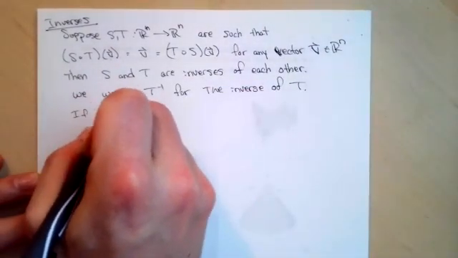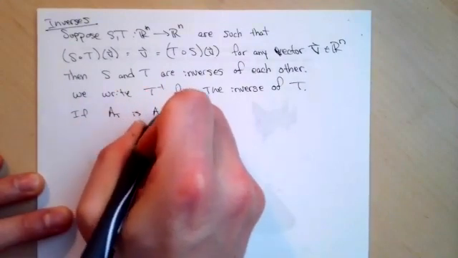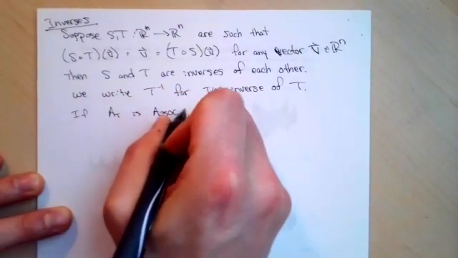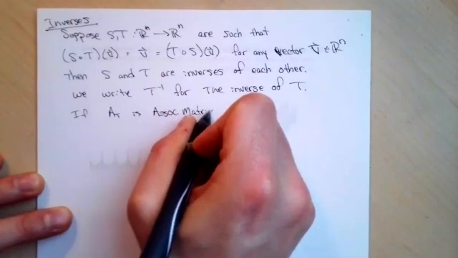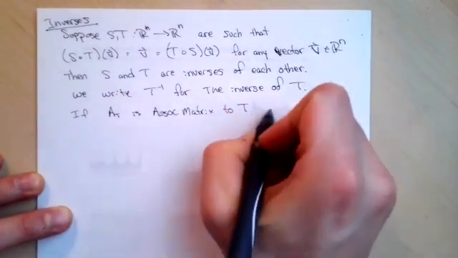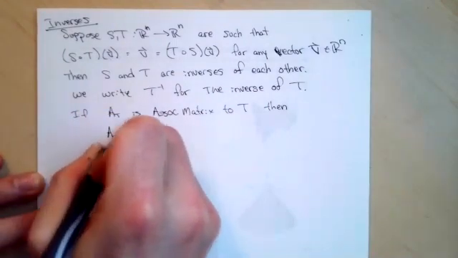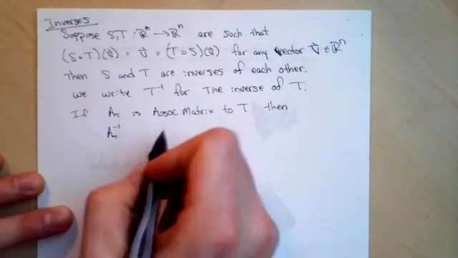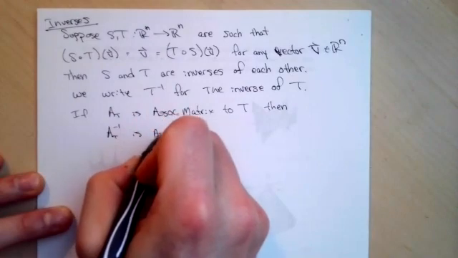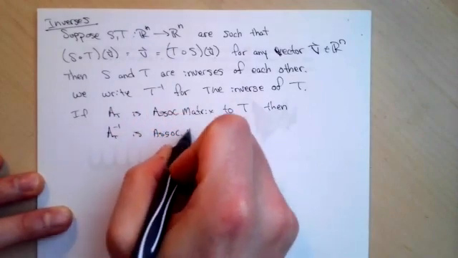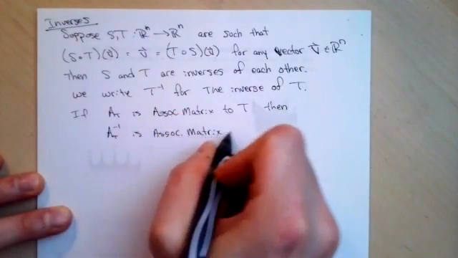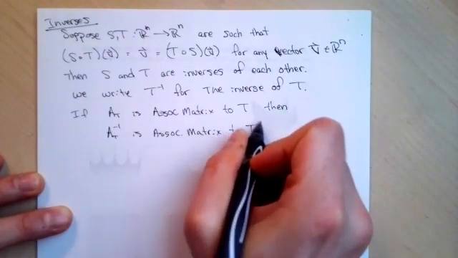So if A of T is the associated matrix to T, then the inverse matrix is the associated matrix to T inverse.